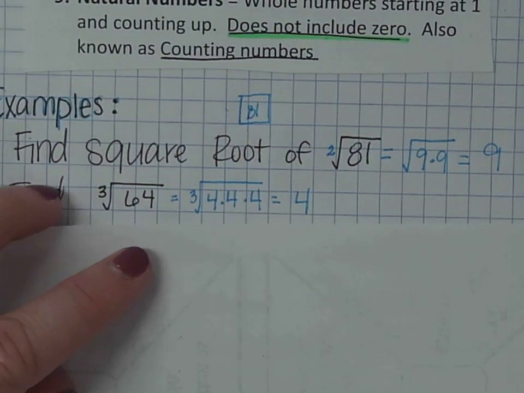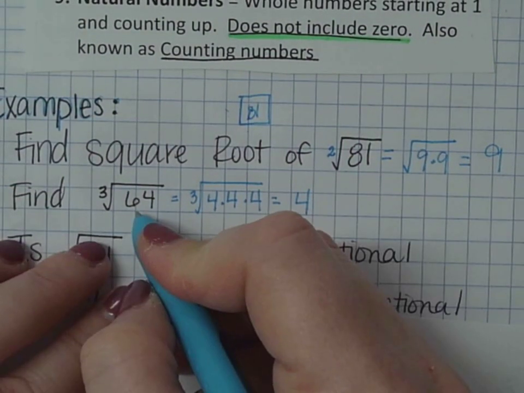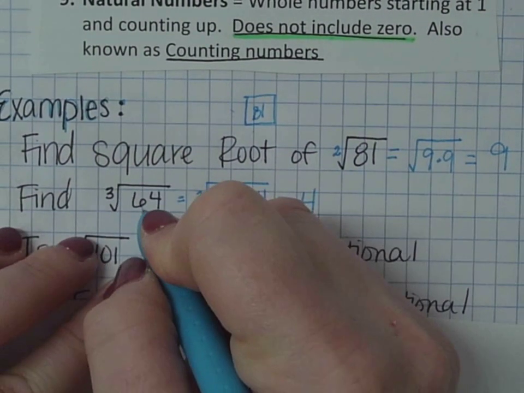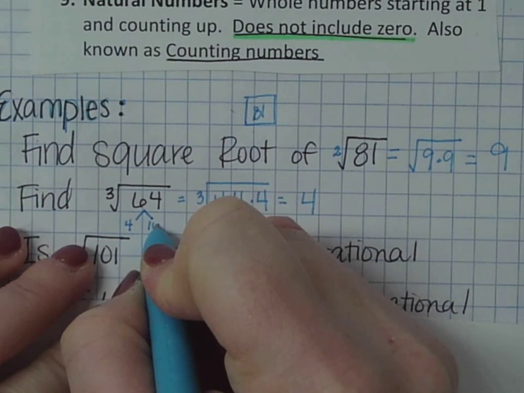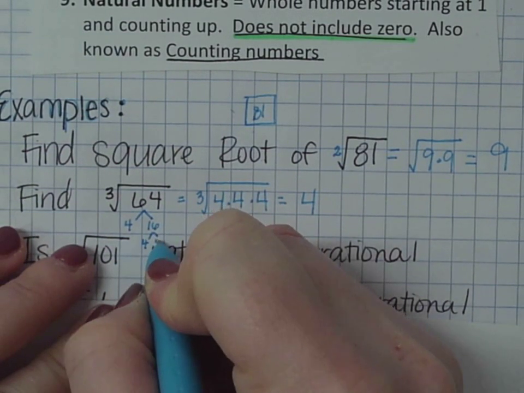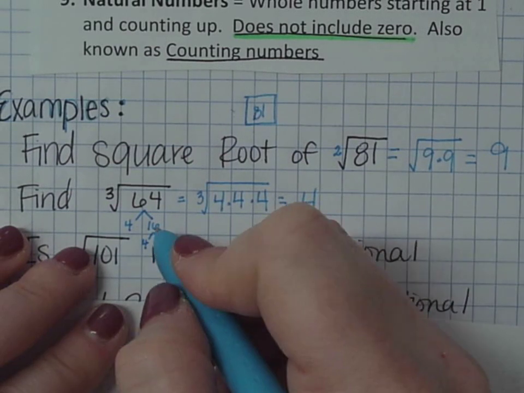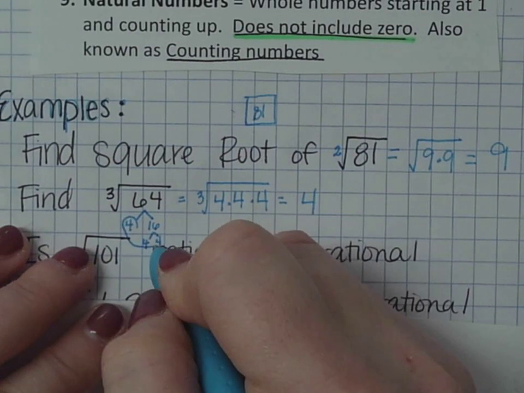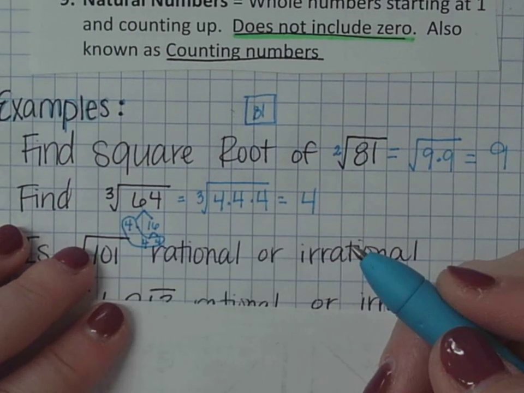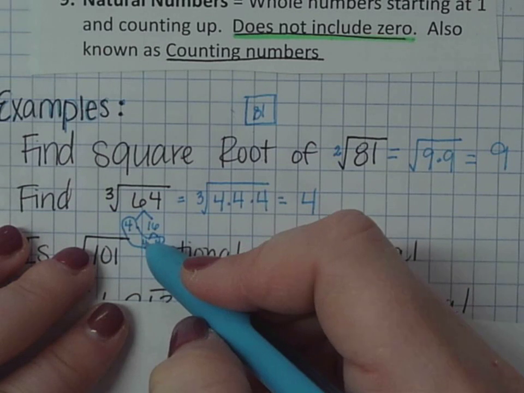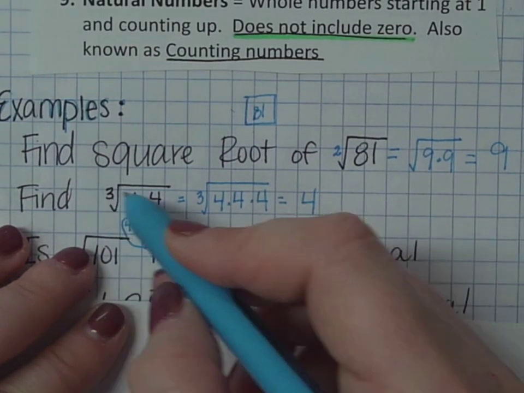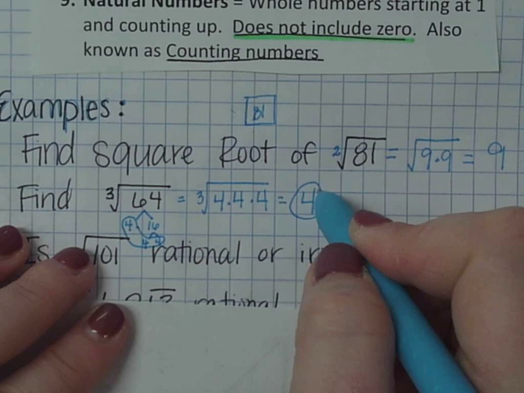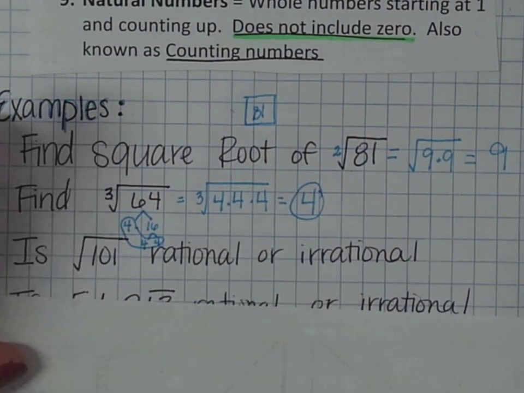If you go back and watch the video of how to find cube roots, I believe I also showed you to do it like this, using a tree. And if that helps you, then use that. I will have that video available. So 4 times 4 times 4. There are 3 4s here. So the answer to the cube root of 64 is 4.